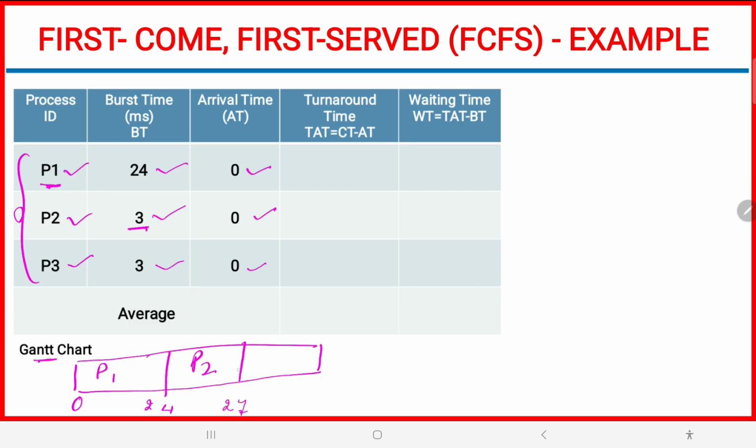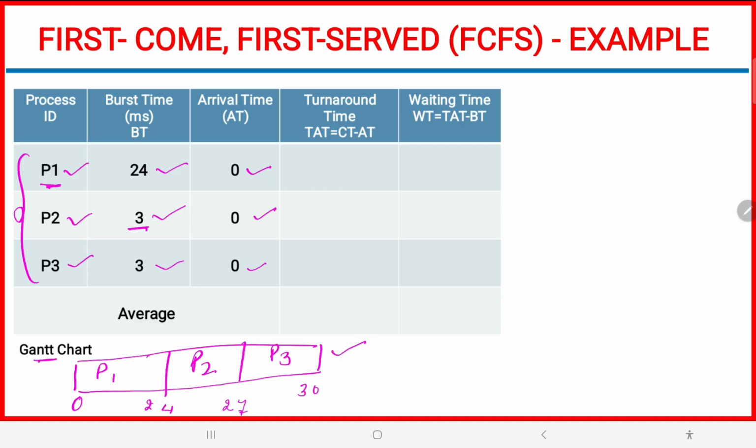Thereafter P3 gets access to the CPU, and it continues for 3 milliseconds. So from 27 till 30 the control of the CPU was with process P3.